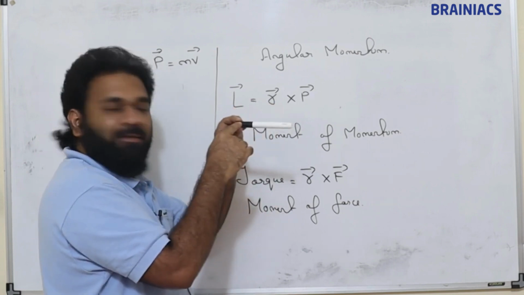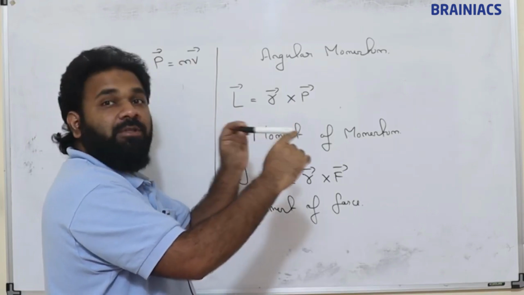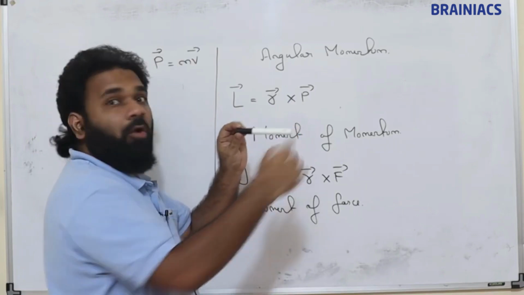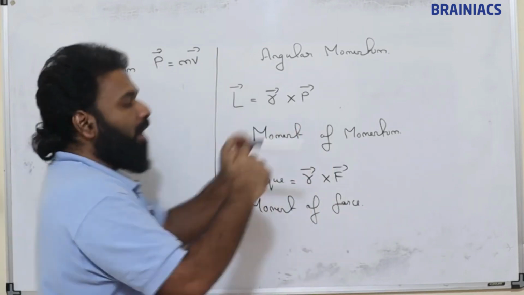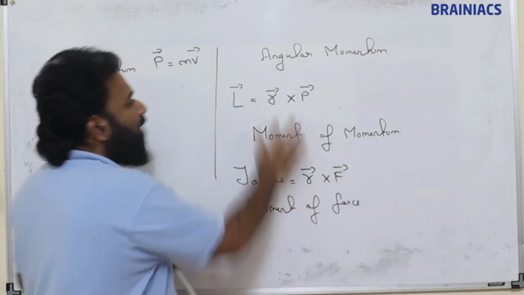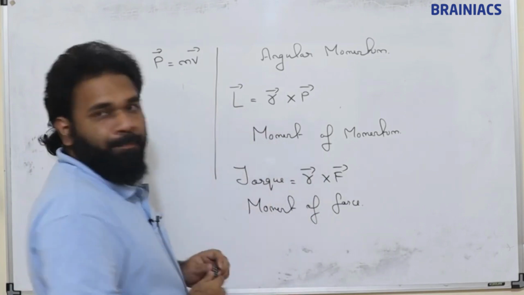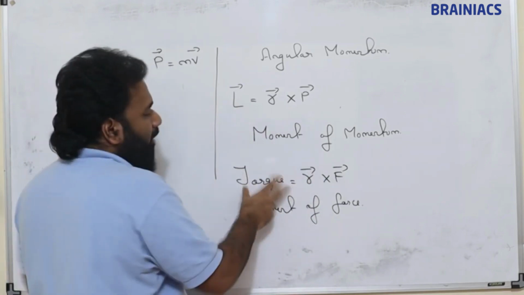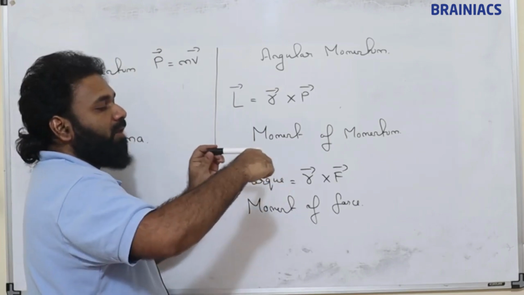It is very difficult near the hinge. The more length there is, the more comfortable it is, because the rotational effect is more. Torque is more if this r is more. r is the perpendicular distance. So torque is this distance r into the force which we are applying.